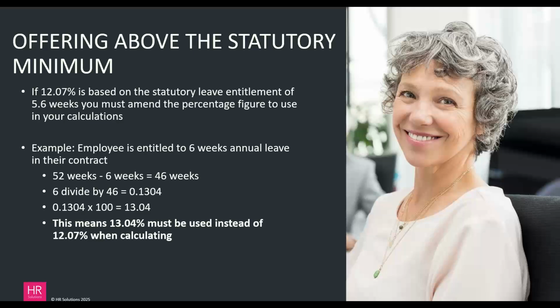So in this case, you would calculate an irregular hours holiday entitlement using the 13.04% calculation, not the 12.07. If you didn't, and if you just stuck with the 12.07, you'll be in breach of your contract because you're not giving them their full contractual benefit of the 6 weeks. You're only giving them a percentage of 5.6.